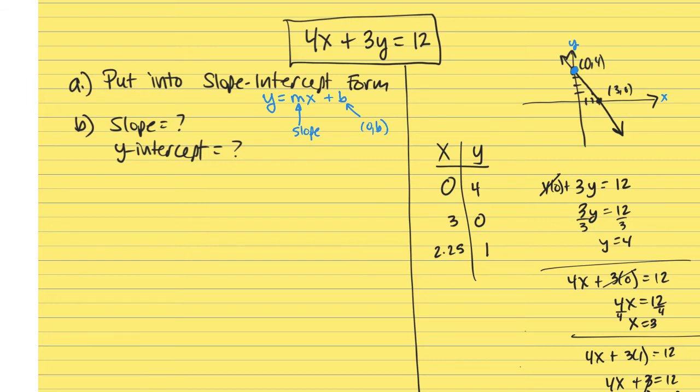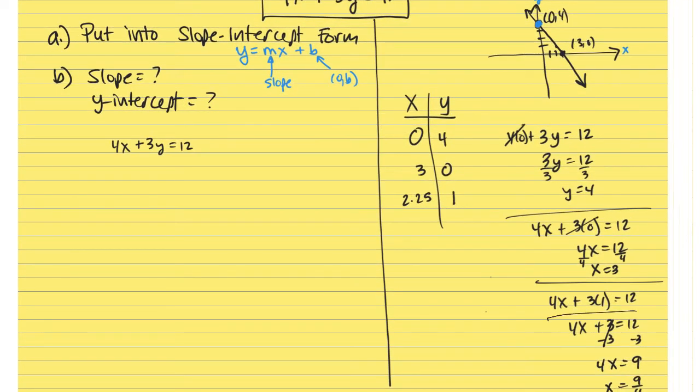So by doing a little bit of algebra, if I started with 4x plus 3y equals 12, to get rid of something, I just subtract it from both sides. Here, if I want to get rid of 4x, I subtract that from both sides.